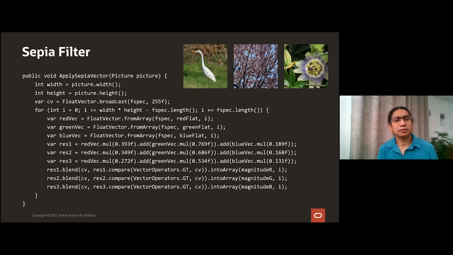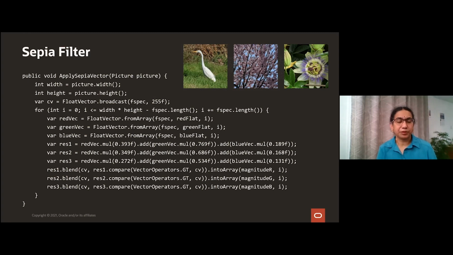In this particular code, for each pixel, there are 3 colors, red, green, and blue.